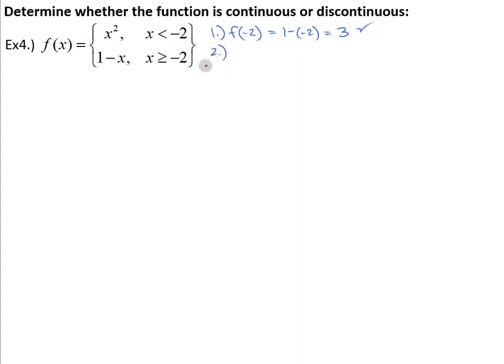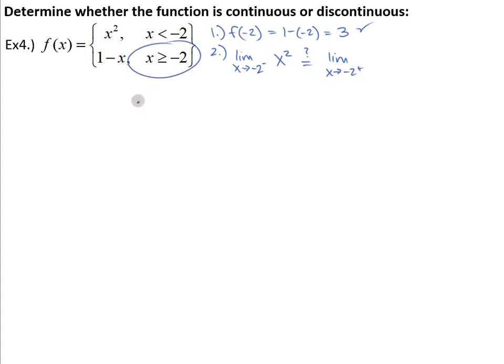2, we need to show that the limit exists. So we need to show that as I approach -2 from the left, and left of -2, we would be using the function x squared. Does this equal the limit as we approach -2 from the right?